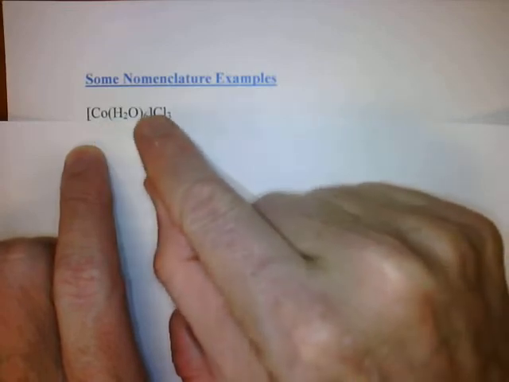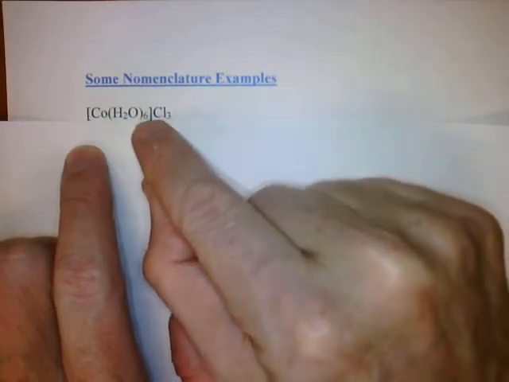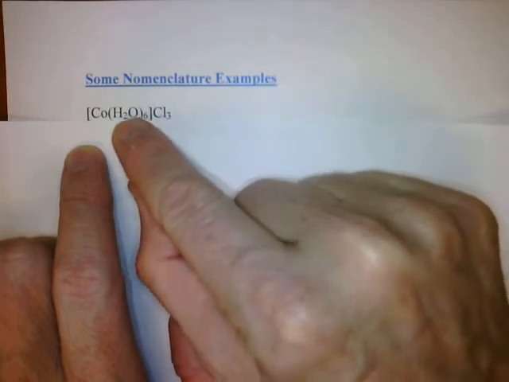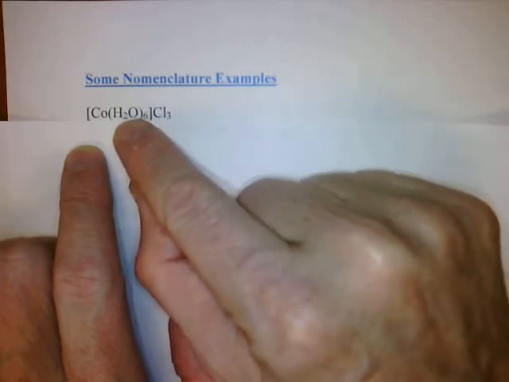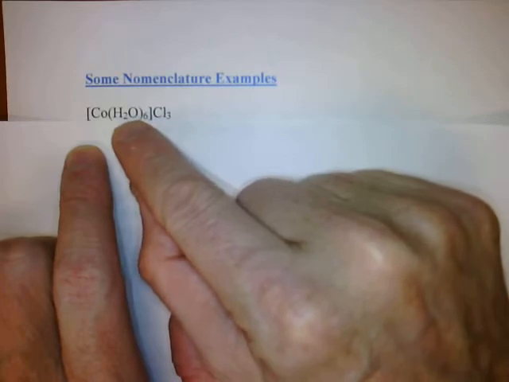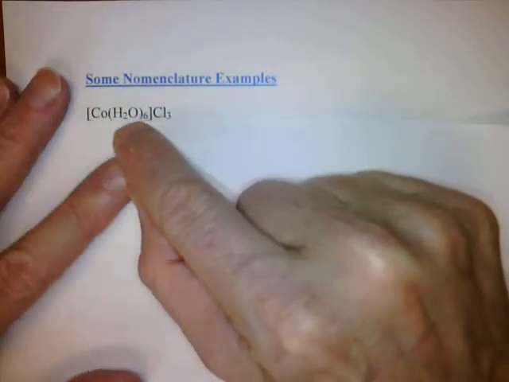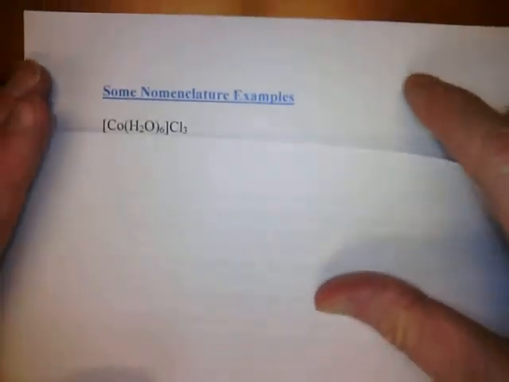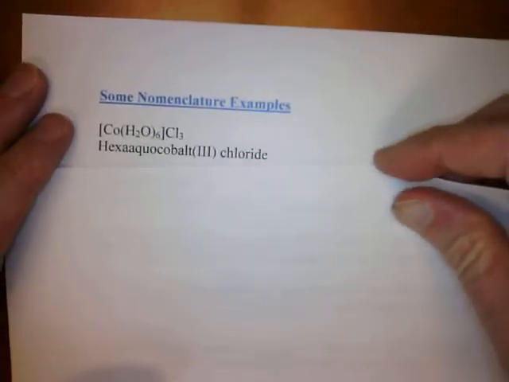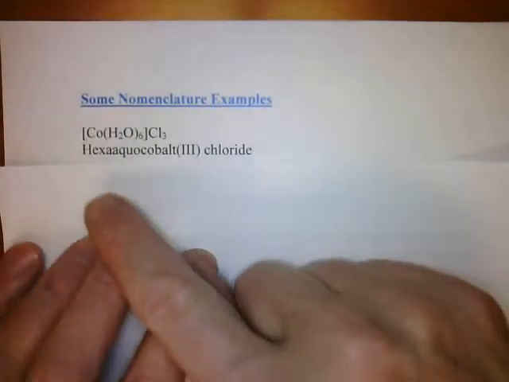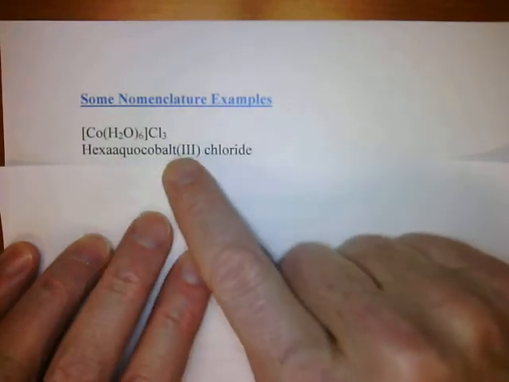We have 6 waters, that's hexa. Water has a special name: when it functions as a ligand, we call it aquo. So it's hexaaquo cobalt 3 chloride.